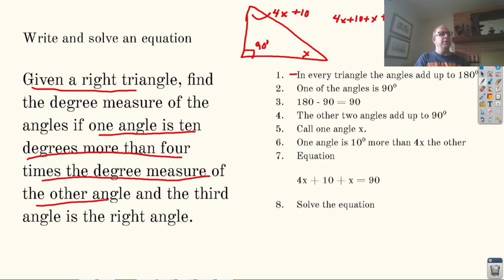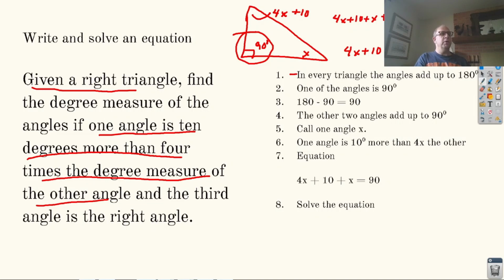So I'm going to take away the 90. It's really common in right triangles. Triangles are 180. Right triangles are basically half of that because 180 minus 90 is 90. So I've got 4x plus 10 plus x equals 90.